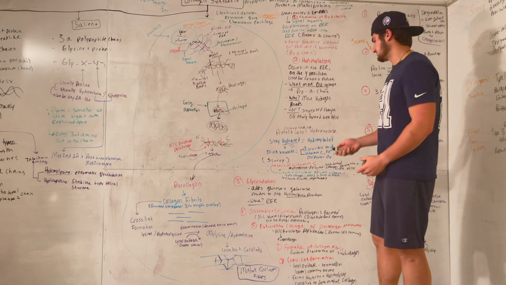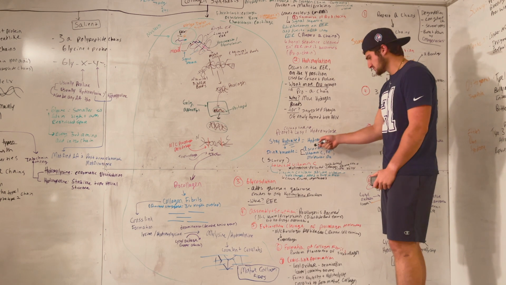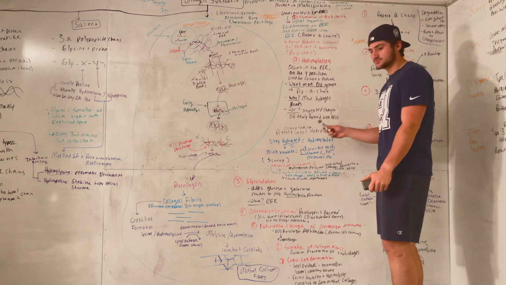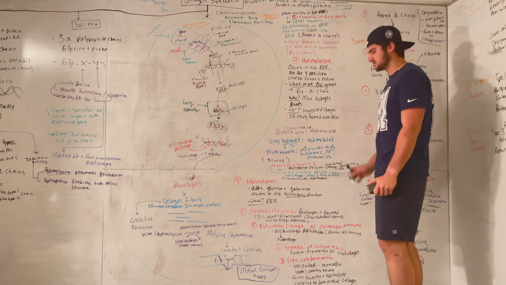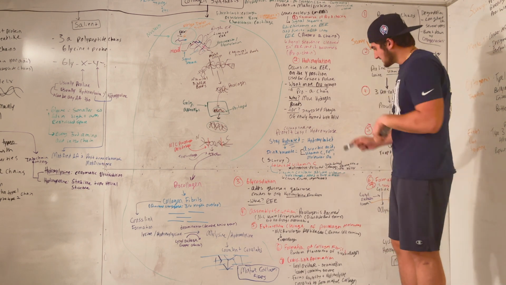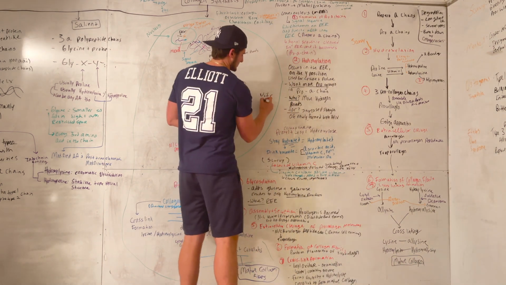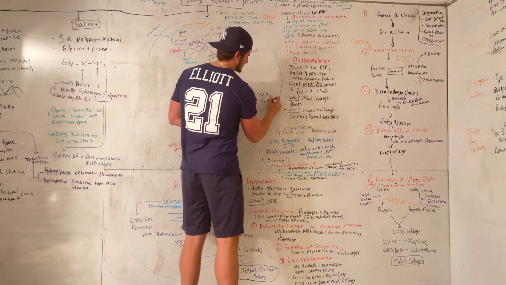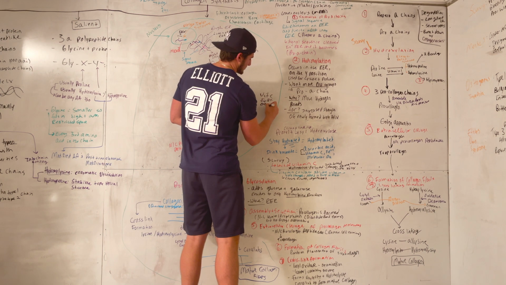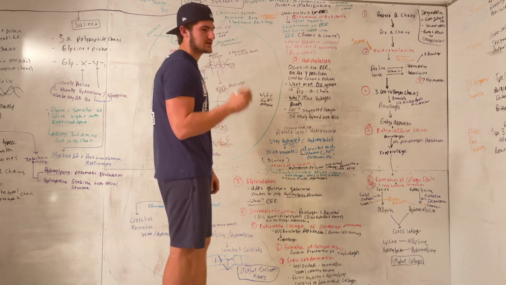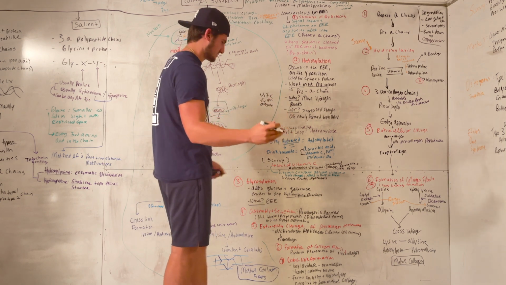So what do you need? You need ascorbic acid, which is also known as vitamin C, and you need iron, and you need a molecule of oxygen. If you add vitamin C, iron, and oxygen, you're going to hydroxylate the lysine or the proline, and you're going to turn it into hydroxylysine or hydroxyproline.